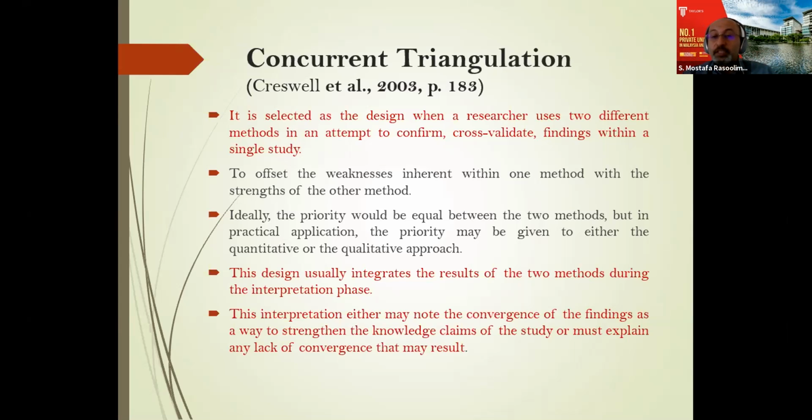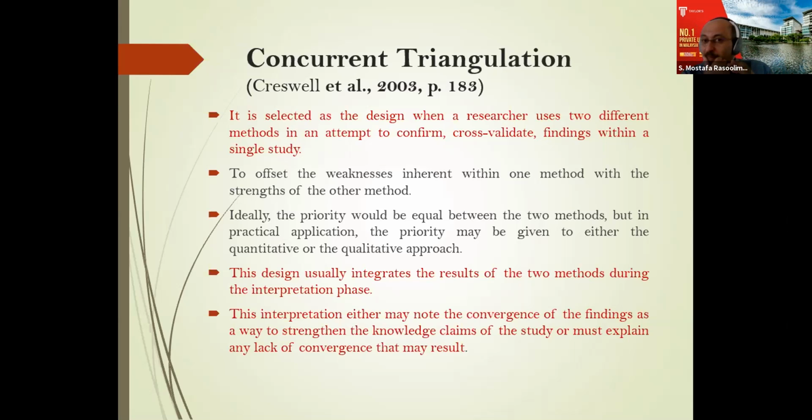Cross-validation of result, maybe we have some conflict because the result of one part cannot be confirmed by the result of another method. So this will be very challenging. But we don't have this challenge if the purpose is completeness or complementary, right?